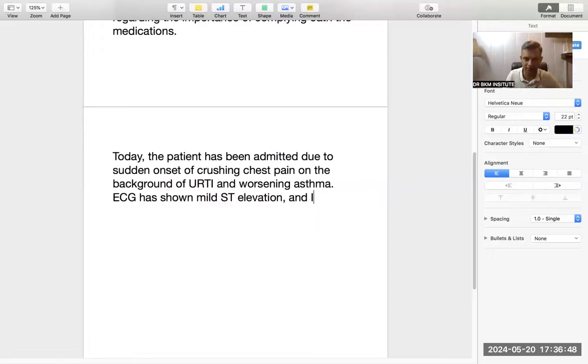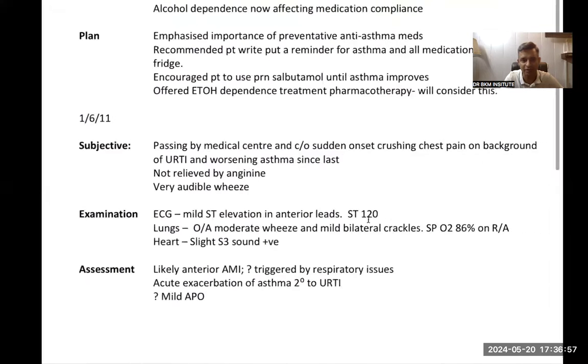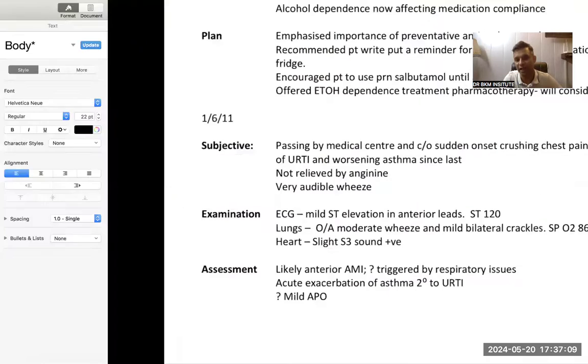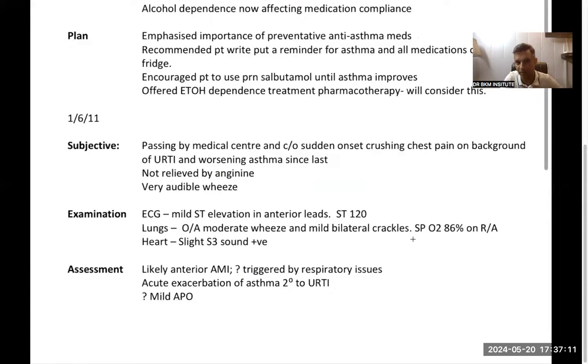And in lungs, there is, write simple English if you want to get 400. And in lungs, there is moderate wheeze and mild bilateral crackles. So you have mentioned everything that is having this problem.